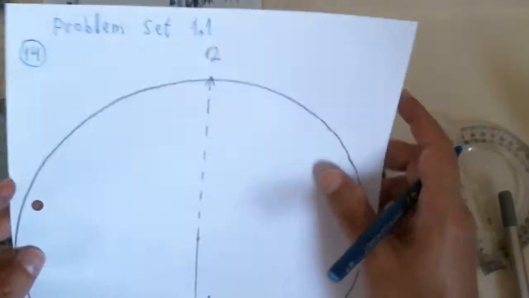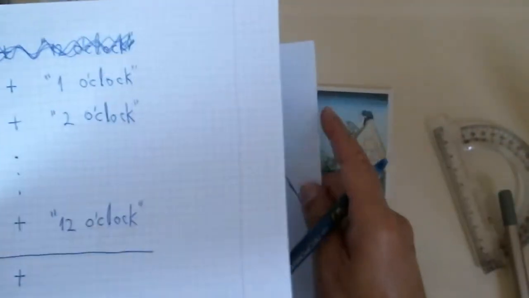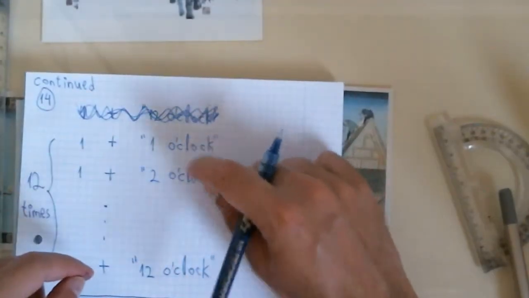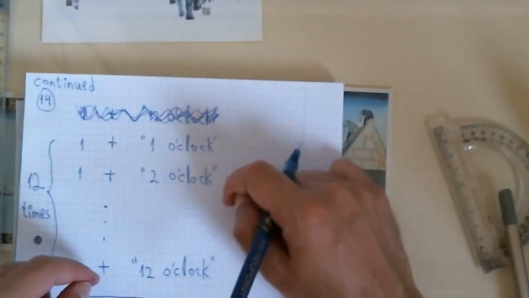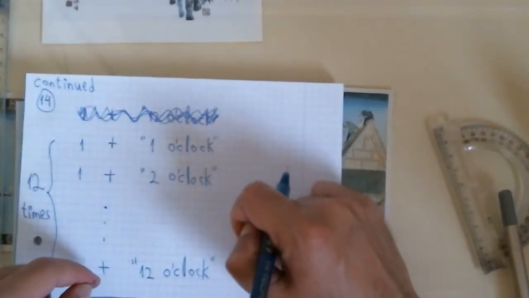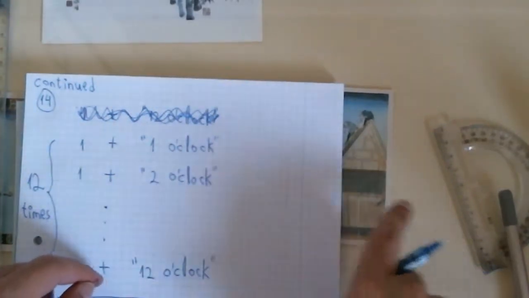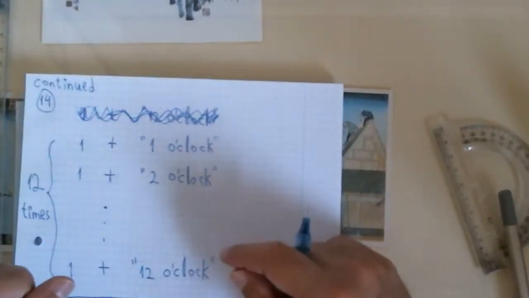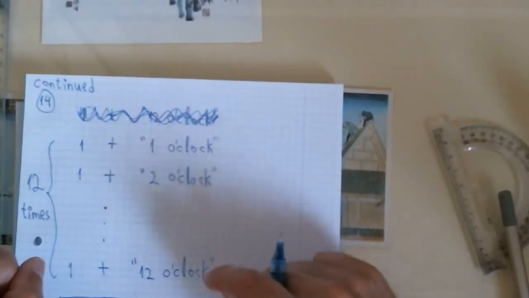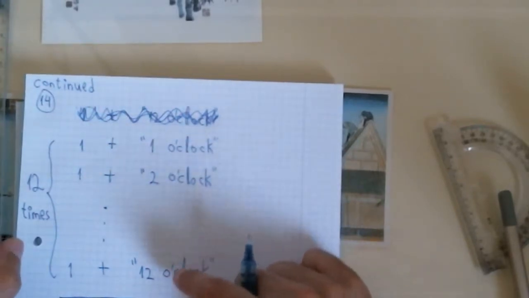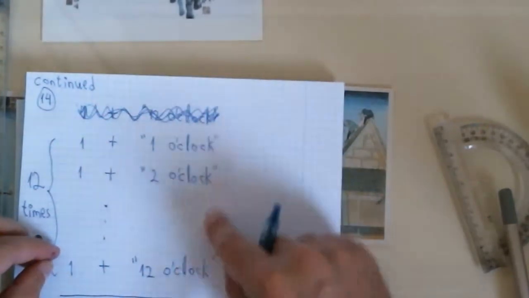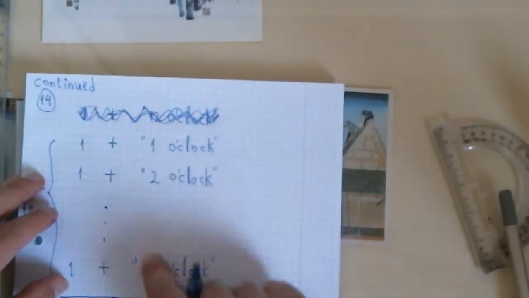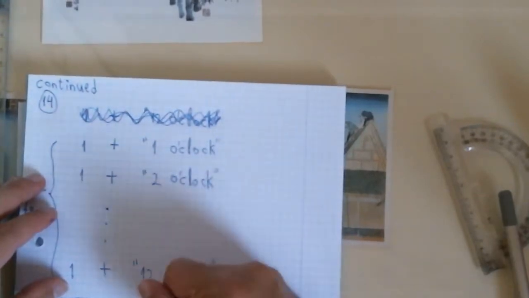So each pair, all these pairs of 1 and 7, 2 and 8, 3 and 9, 3 is to the right, 9 is to the left, they cancel each other out. So each of the pairs is 0. So all the vectors of the hours together, the summation is 0.